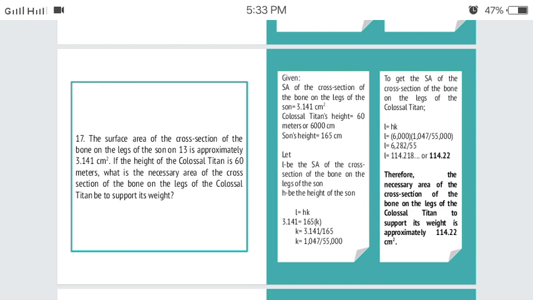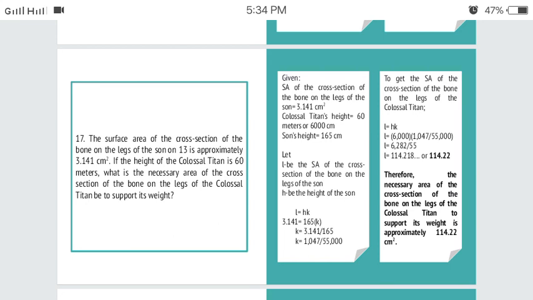So given the surface area of the cross-section of the bone on the legs of the son is equal to 3.141 centimeters squared, the colossal titan's height is equal to 60 meters or 6,000 centimeters. So the son's height is equal to 165 centimeters. So let L be the surface area of the cross-section of the bone on the legs of the son, and H be the height of the son.